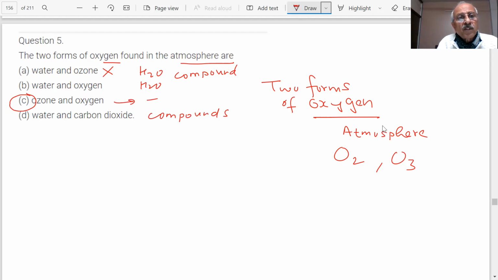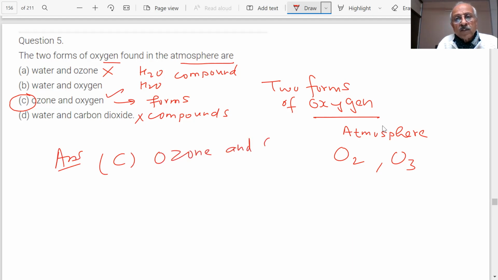And these are the 2 forms of oxygen. Therefore, the answer which you are giving, students, C is the correct answer. Ozone and oxygen, and students get 1 full mark for that.